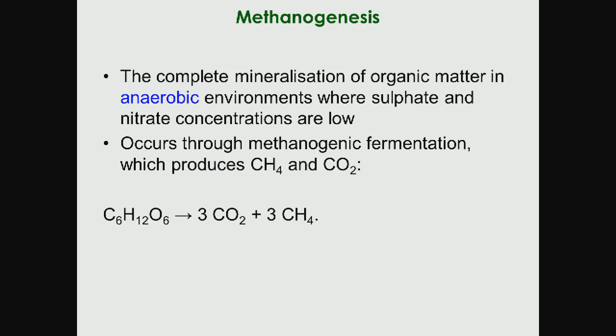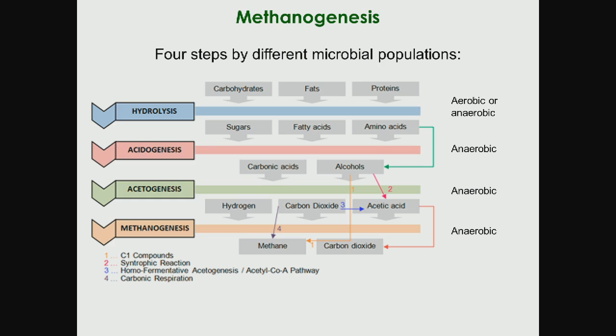This is principally happening in anaerobic environments within the soil, particularly where sulfate and nitrate concentrations are low, because these inhibit this methanogenic activity. So methanogenesis is actually a mixture of microbial reactions that are taking place, generated through different bacterial taxa that are acting as a community.